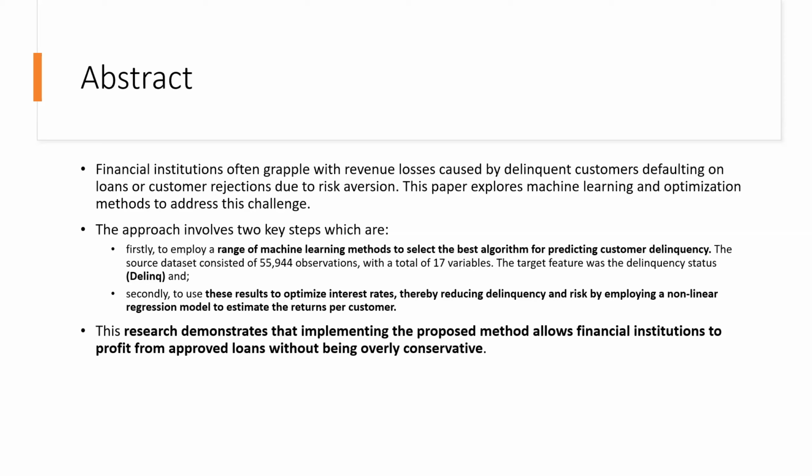And then when we were able to predict the customer delinquency, this was then used to optimize the interest rates to potentially reduce delinquency. And then we used this to model it on a nonlinear regression model to estimate the returns per customer. So this research demonstrates that implementing the proposed method allows financial institutions to profit from approved loans without being overly conservative.